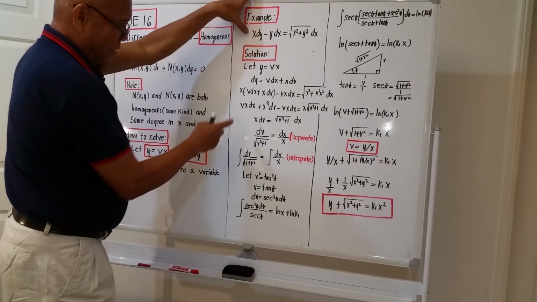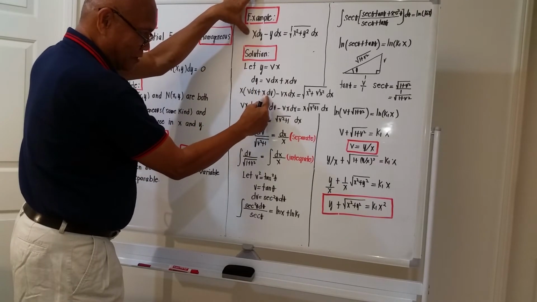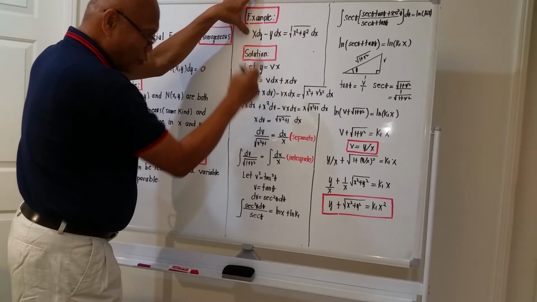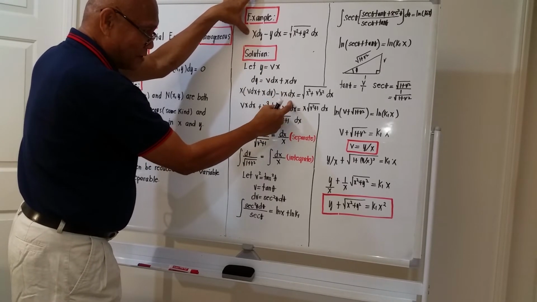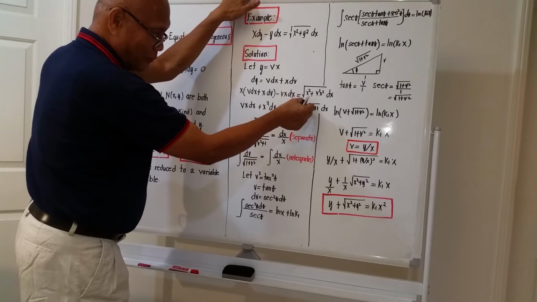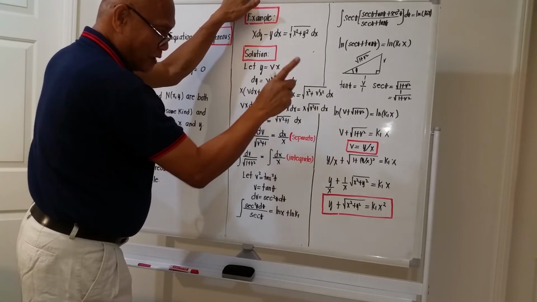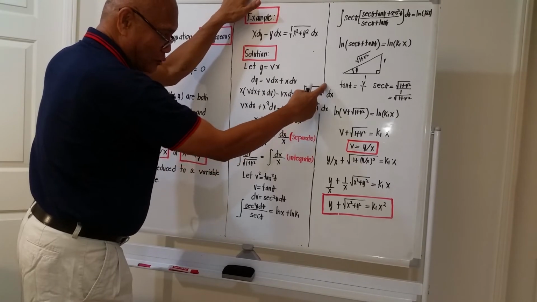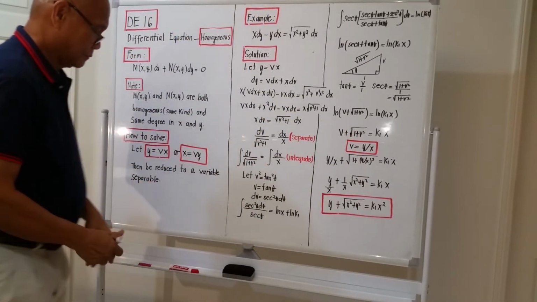So x times dy is v dx plus x dv, minus y, but y is vx, times dx, equal to the square root of x squared plus y, which is vx, so if we square it, it will be v squared x squared under the radical sign times dx.